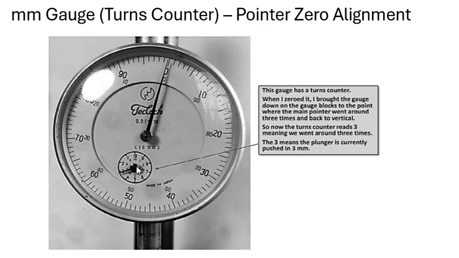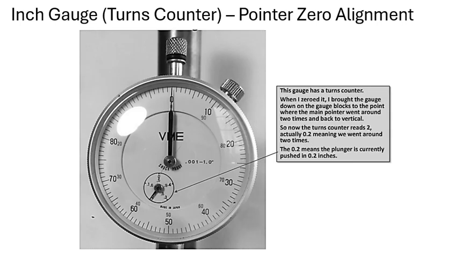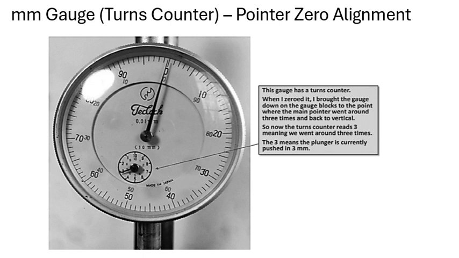So here is a little bit better than the previous example, because in the inch one you can't really see the pointer very clearly. But in metric it's a little bit easier, because you are able to see the turns very clearly.